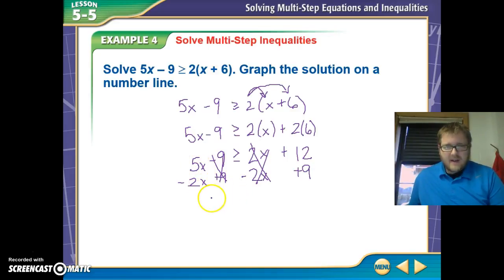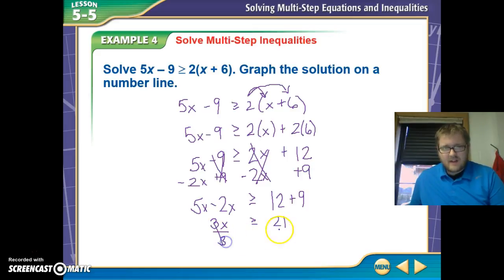So we have 5x minus 2x is greater than or equal to 12 plus 9. So essentially 3x is greater than or equal to 21. Divide both sides by 3. We're going to get x is greater than or equal to 7. So any number greater than, including 7, on the number line is going to work for x.